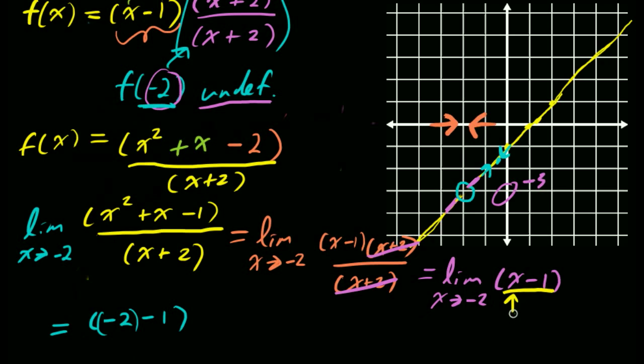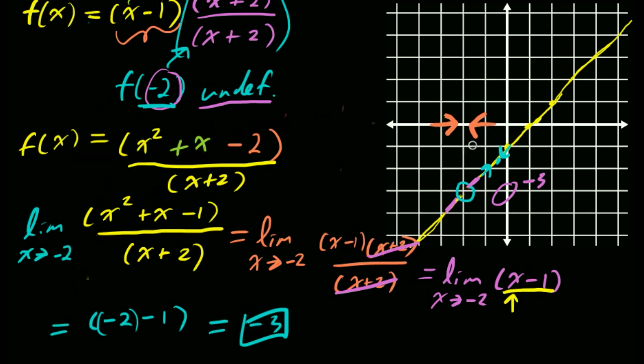And so then we get the answer that we're expecting: the limit of this function as we get really close to minus 2 is equal to negative 3.